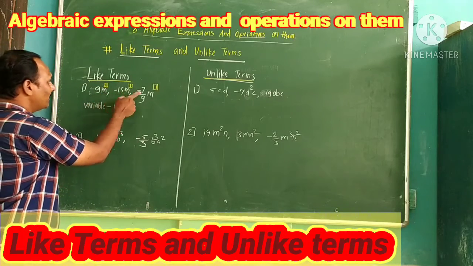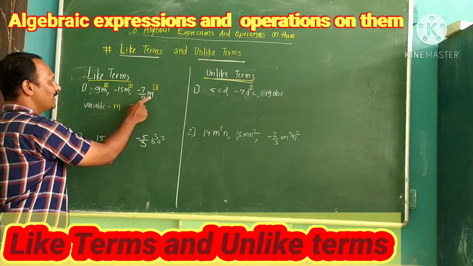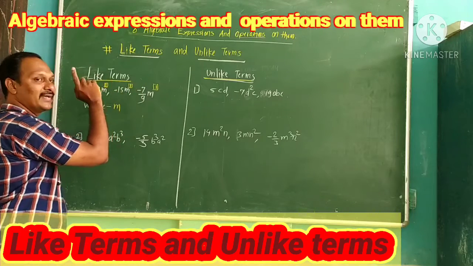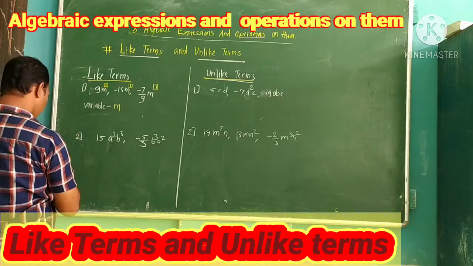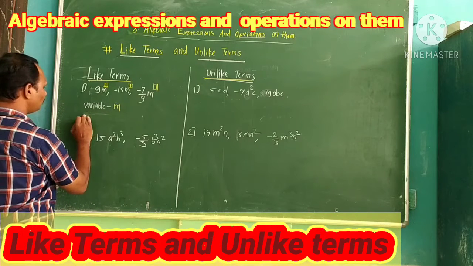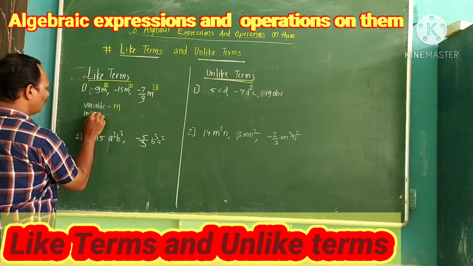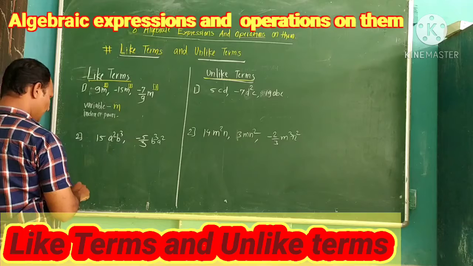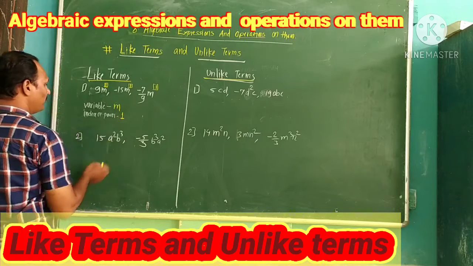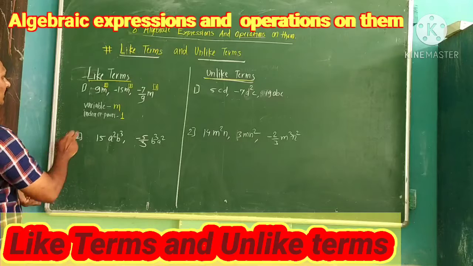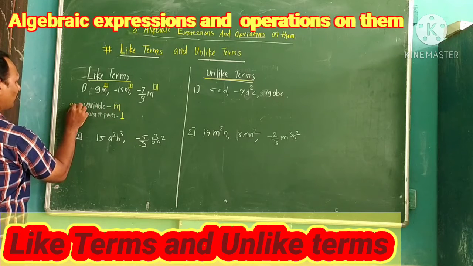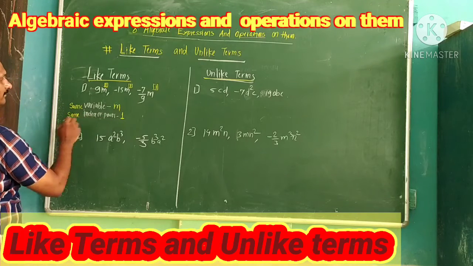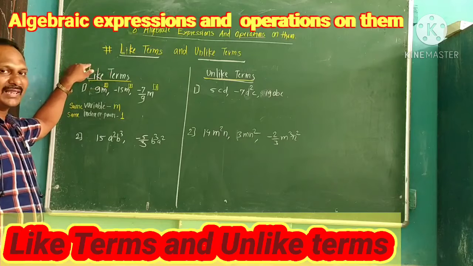Like terms means the same variable, here m, here m, here m, with the same index. You write here: index or power is 1. So the same variable with the same index, here 1, is called like terms.